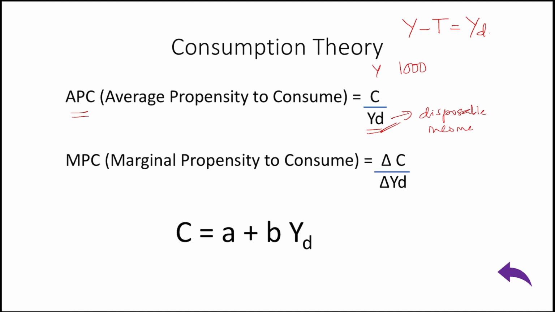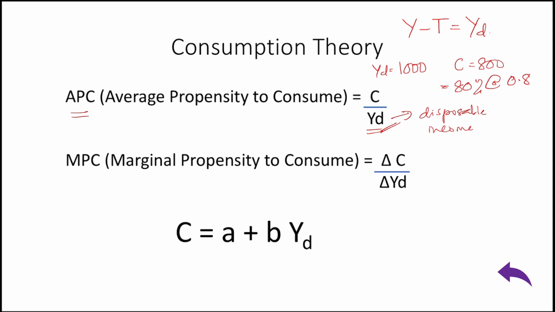If you spend on shopping 800, meaning 80% or 0.8 of your disposable income is used for consumption. That is APC.